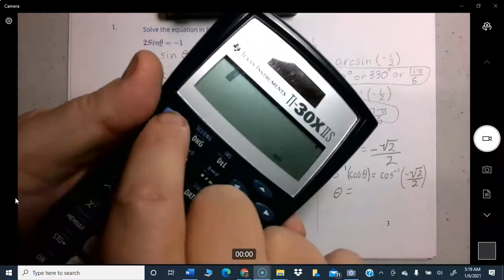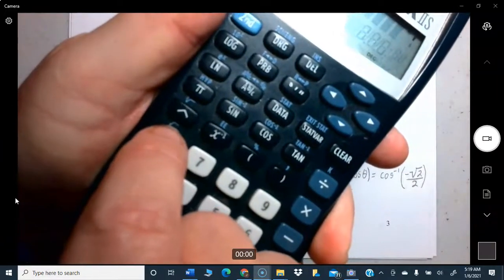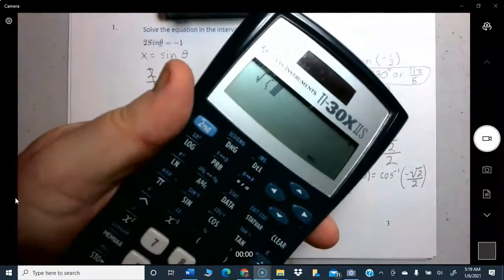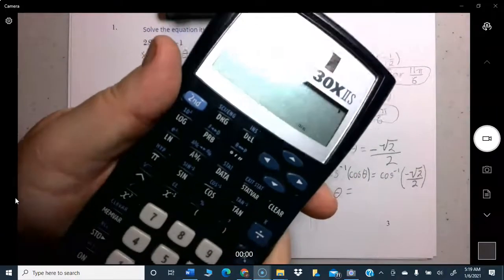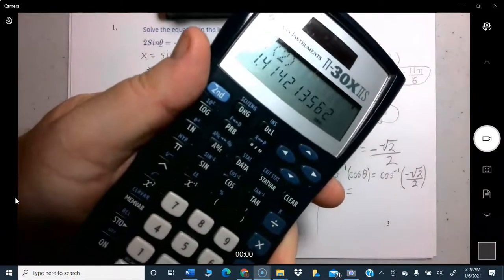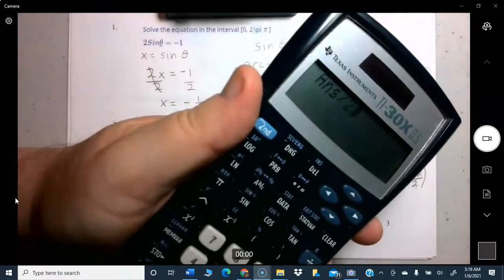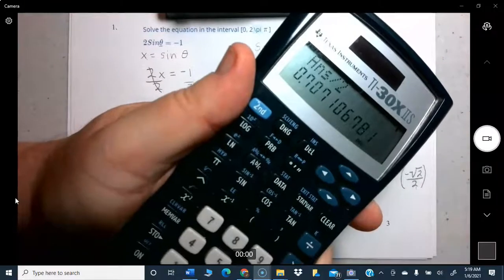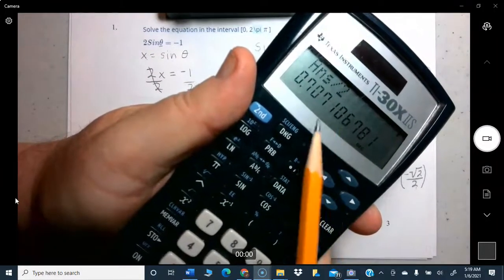So on this calculator I press second and x squared. And you can see there's a square root sign above that. That's going to give me the square root of 2. Close the parenthesis, hit the equal sign. Now divide that by 2. And it gives you this number, and now you put the negative sign on front of that.